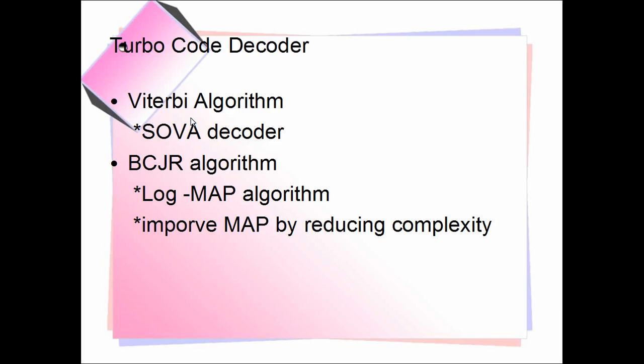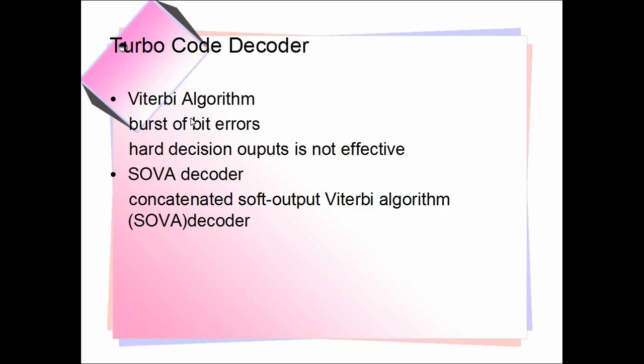It uses the log operation to transform the multiply operation to the adding operation, and then the complexity is much reduced. These are the two shortcomings we talked about earlier: the burst of bit errors and hard decision.